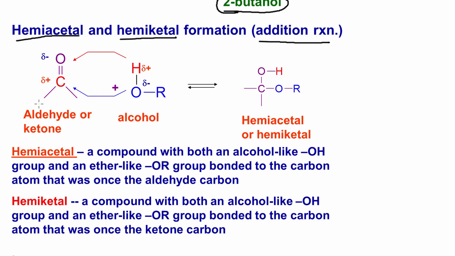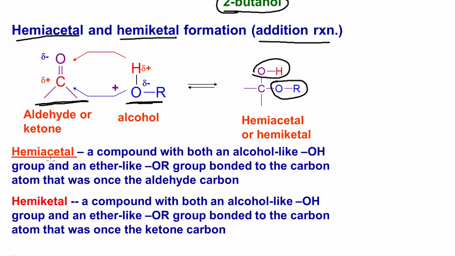Well, we start off with an aldehyde or a ketone and an alcohol. And what we end up with is this compound that has both an OH group and this alkoxy group, this OR group, bonded to what was the carbonyl carbon.